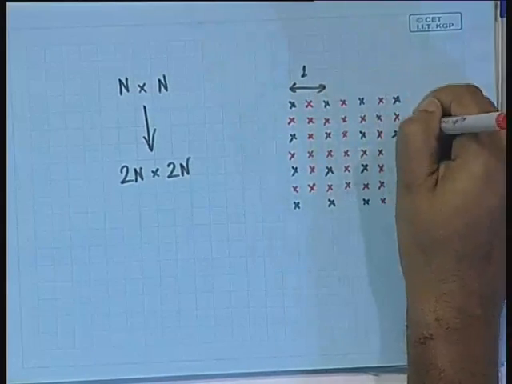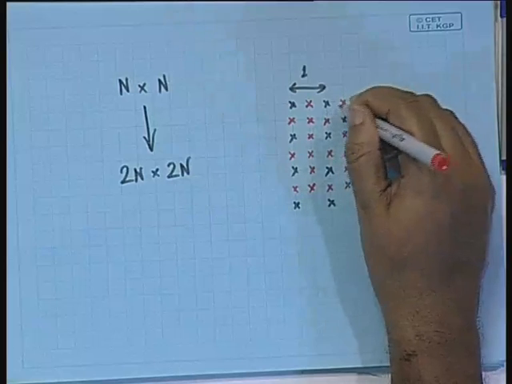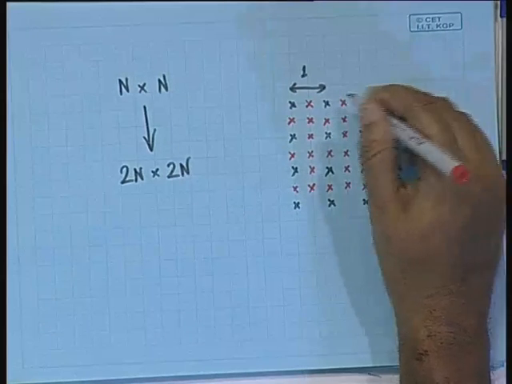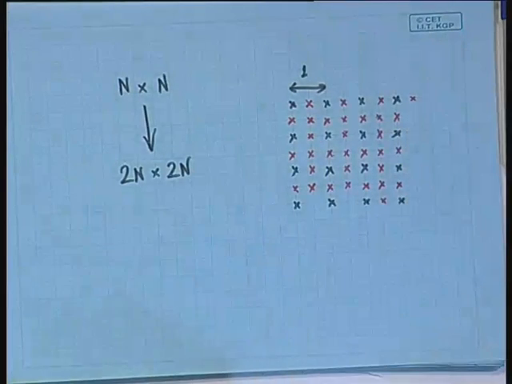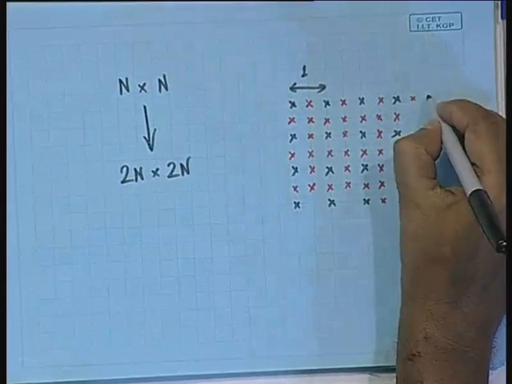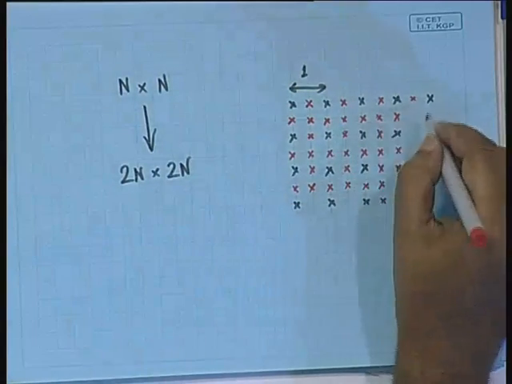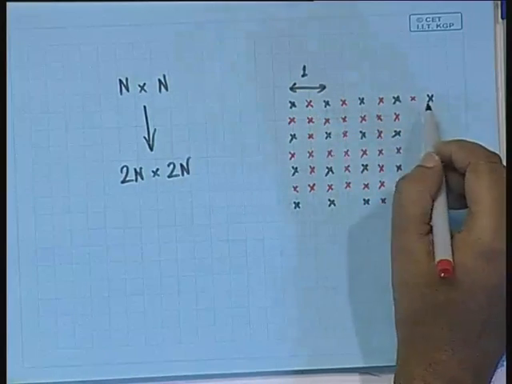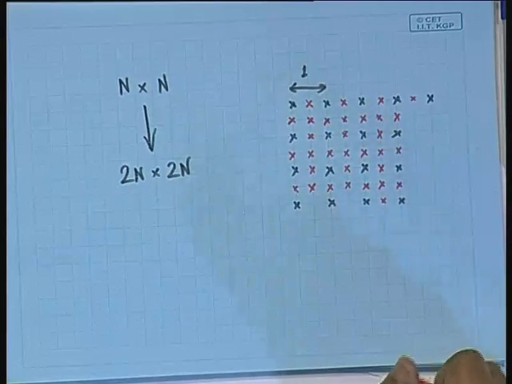You see, the original image was a 4 by 4 image, but the interpolated image is 8 by 8. In fact, there will be some black pixels even here also. So, the resolution of the image has been increased to 2n by 2n.